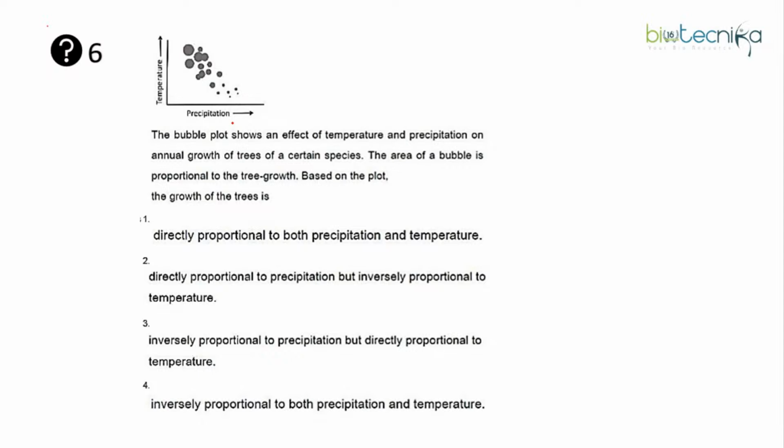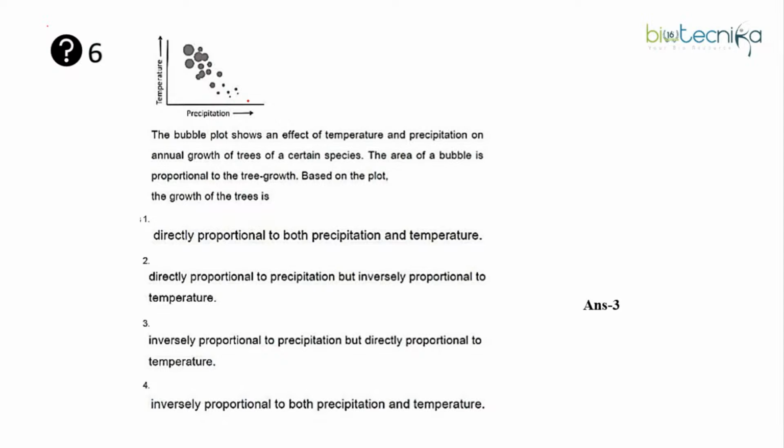Now, even if you have not studied that chapter, still you will be able to analyze this graph. So, how are you finding it? Your growth is decreasing as your precipitation is increasing and the temperature is falling. So growth decreases as precipitation increases and temperature falls.